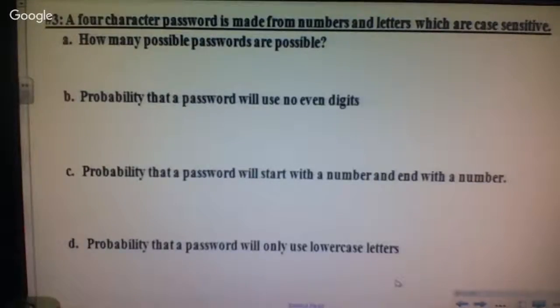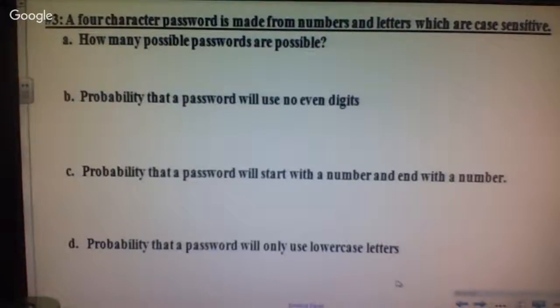A 4-character password is made from numbers and letters, which are case sensitive. We're now up to 52 letters. Okay. I need my bottom number first. So my bottom number is everything put together: 62. My password can be lowercase letters, uppercase letters, or numbers.